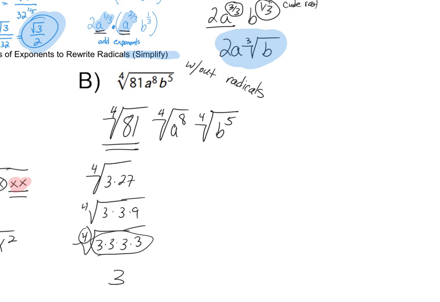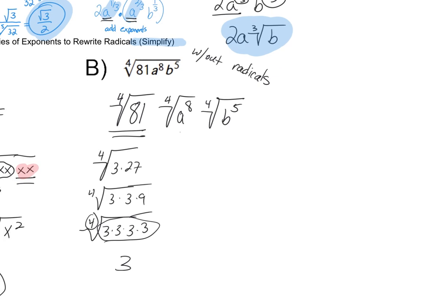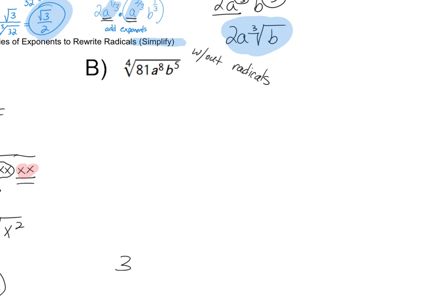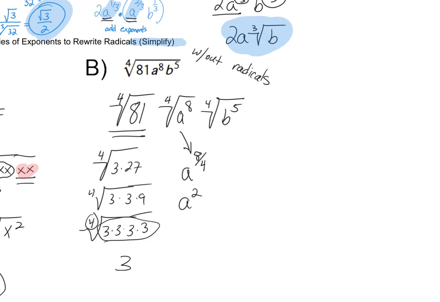The fourth root of 81 is just 3. Now, part 2. Here I can rewrite this as a to the power, which is 8, over the root 4. That really leaves me with an a squared. 8 divided by 4 is 2. So the second part of my answer is a squared.